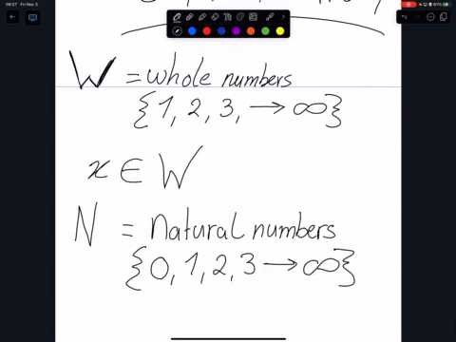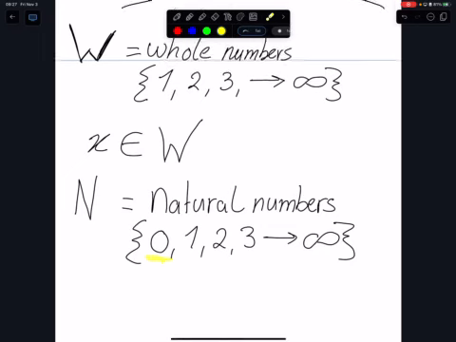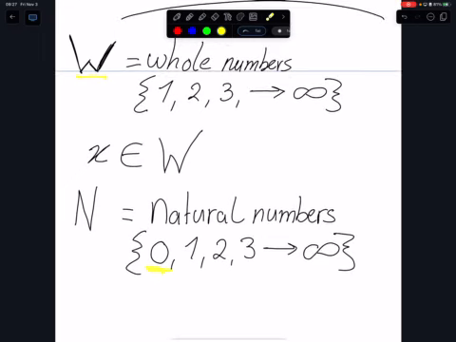Firstly, we only had the whole numbers, meaning positive numbers starting with 1. With time, the natural numbers came into existence, meaning 0 was included. So the only difference between whole numbers and natural numbers is that 0 is included. It's the only difference.